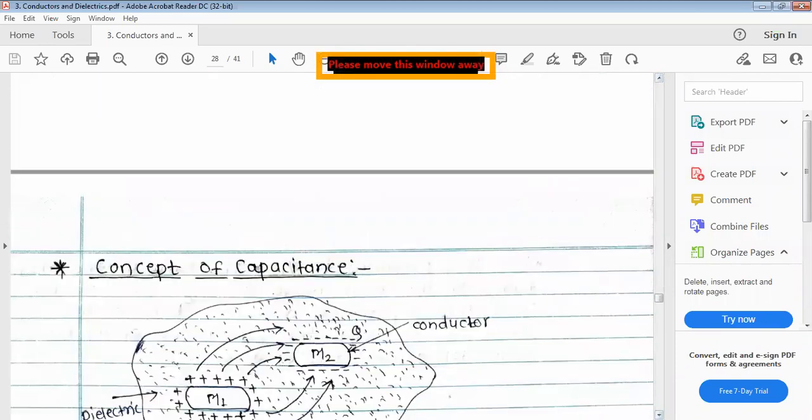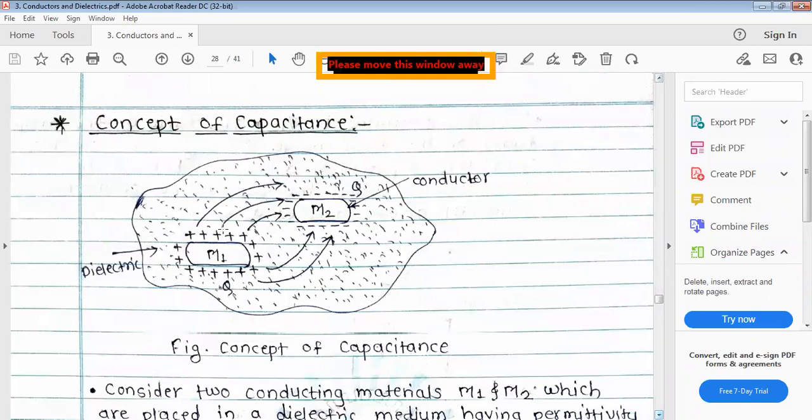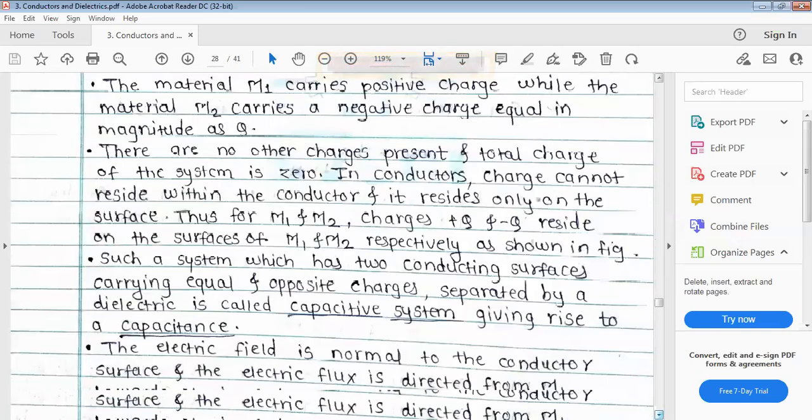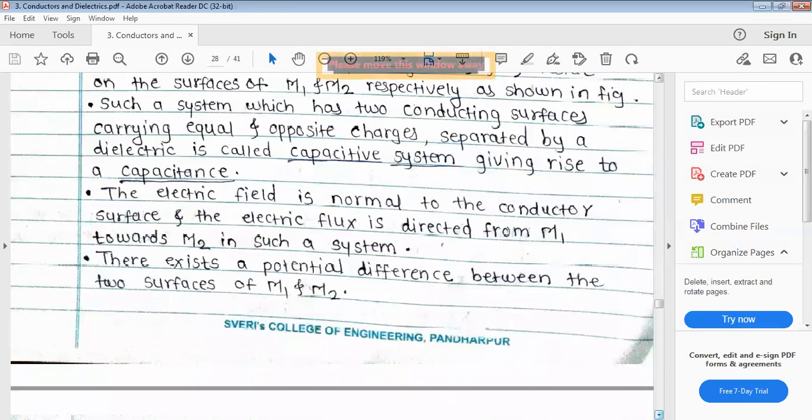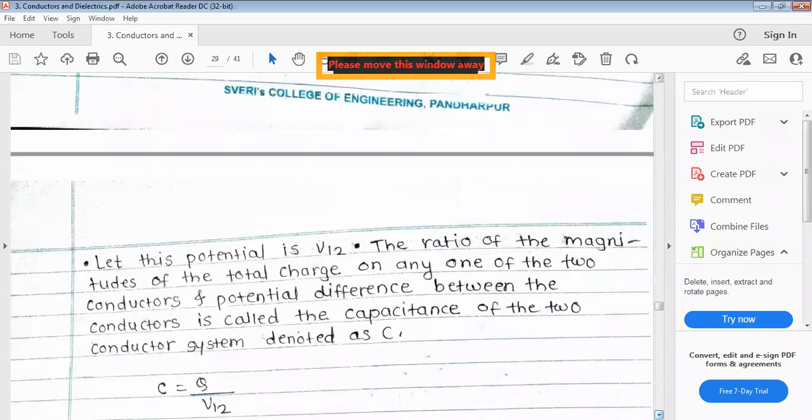So in this figure, the direction of electric flux is from M1 to M2, and the electric field intensity is perpendicular to the conductor. So there exists a potential difference between the two surfaces of M1 and M2. Of course, one is positively charged and another is negatively charged, so there will be a potential difference between these two conducting surfaces.